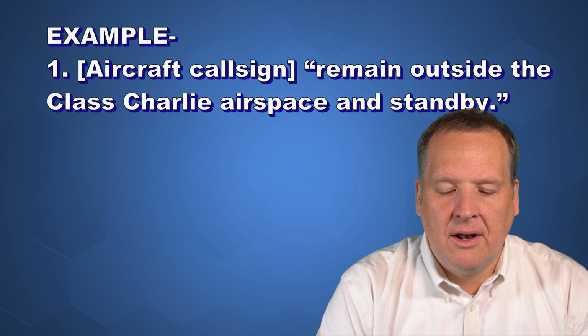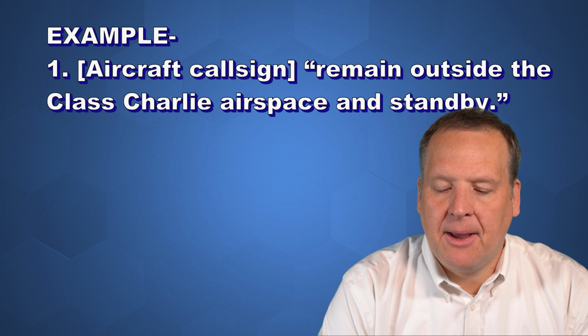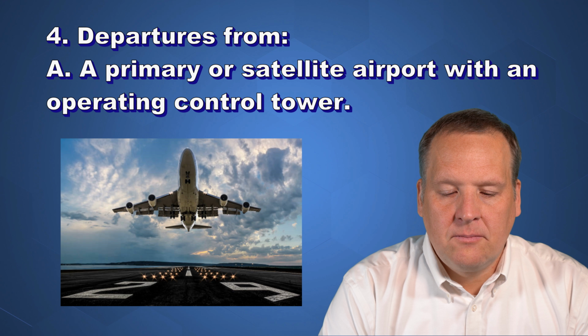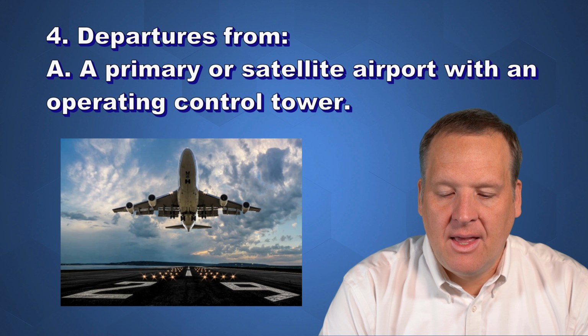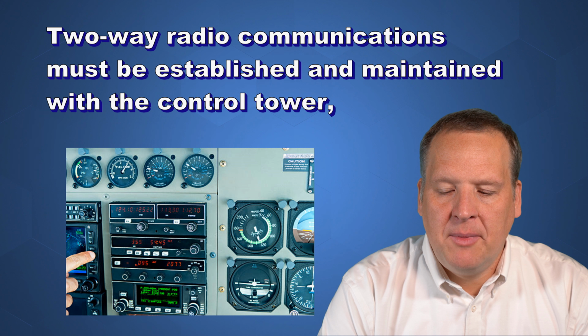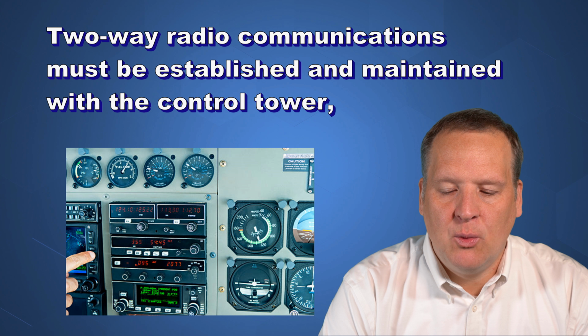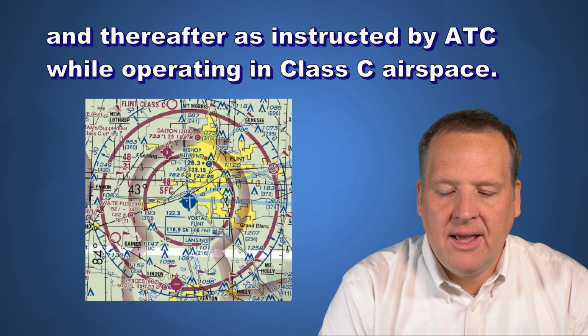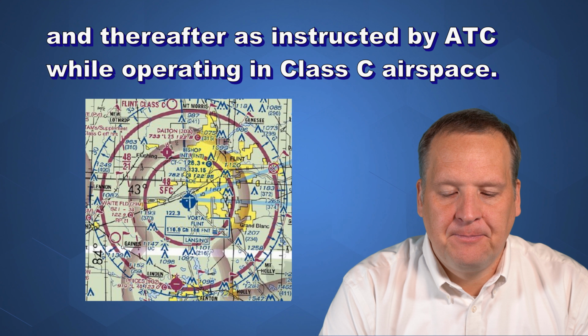Example: 1. Aircraft call sign, remain outside of the Class Charlie airspace and stand by. 2. Aircraft calling Dulles approach control, stand by. 4. Departures from: A. A primary or satellite airport with an operating control tower, two-way radio communications must be established and maintained with the control tower and thereafter as instructed by ATC while operating in Class Charlie airspace.